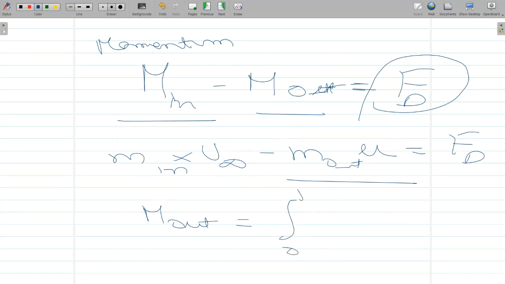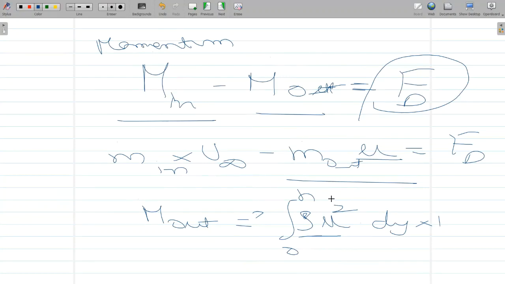integral 0 to h, rho is the density, and use the velocity of the flow that is going out. The mass flow rate times velocity gives you a momentum flow rate, so that becomes rho u square, and then integration over your area, dy times unity.